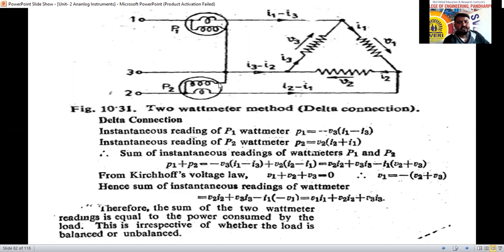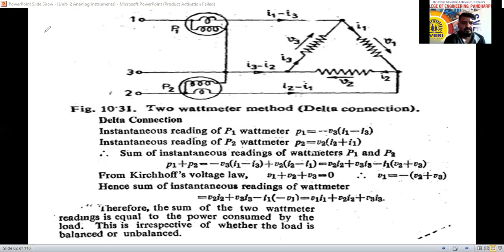So the instantaneous power between 1 and 3: which load is there? It is V3. For V3, the polarity is reversed, since it is 3 to 1 but we are measuring from 1 to 3.